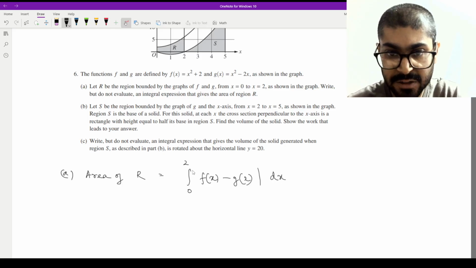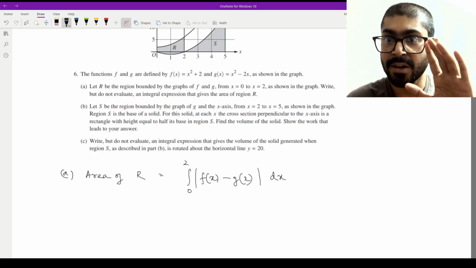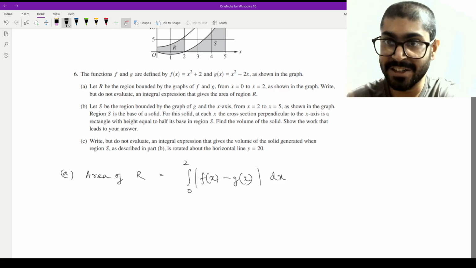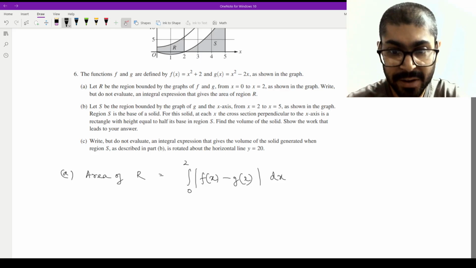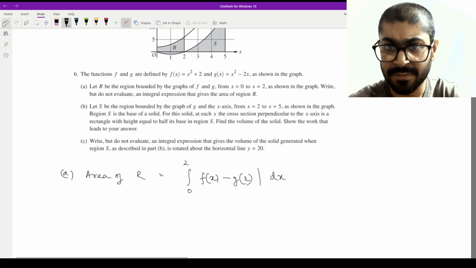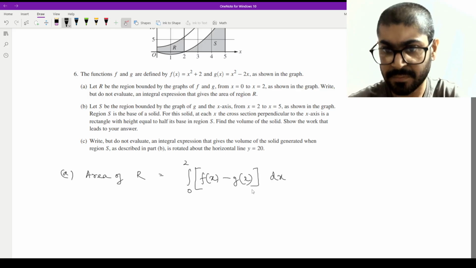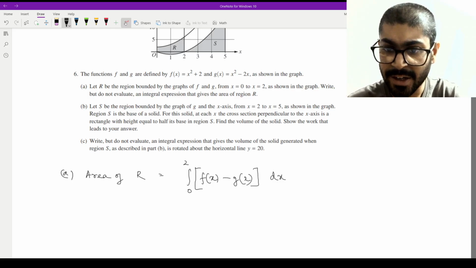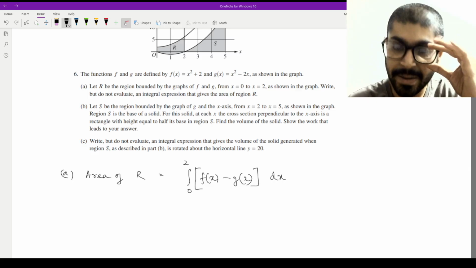We could have had a modulus sign if we were unaware of the positions of f(x) and g(x), but since we are aware of it, I would not use the modulus sign. It's not necessary. So this is more than enough. They have not asked us to evaluate it, so we can leave it here and obtain the full marks. You may or may not write the modulus, it does not matter, you will get the full marks.